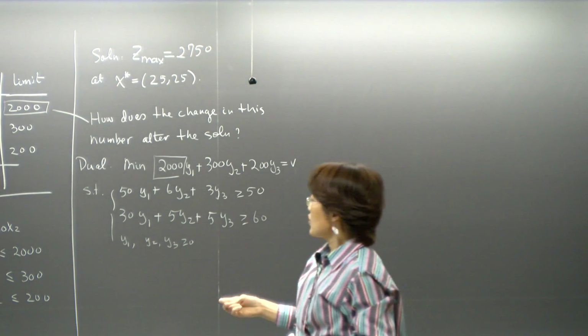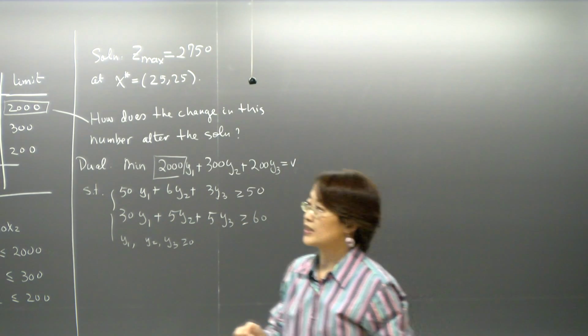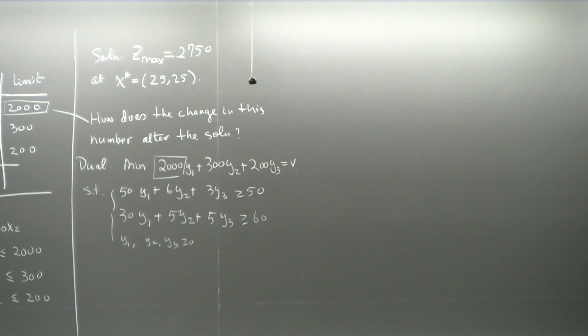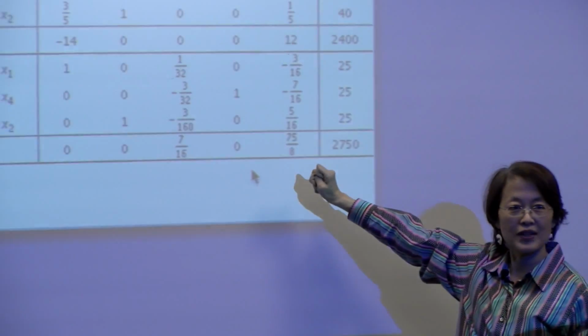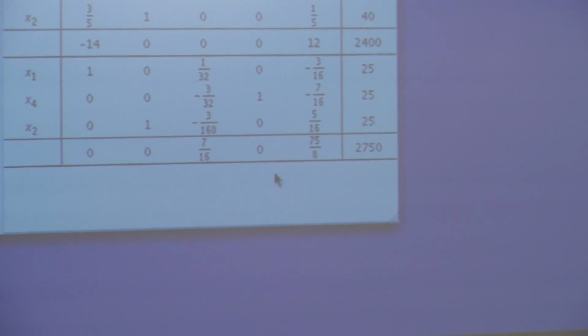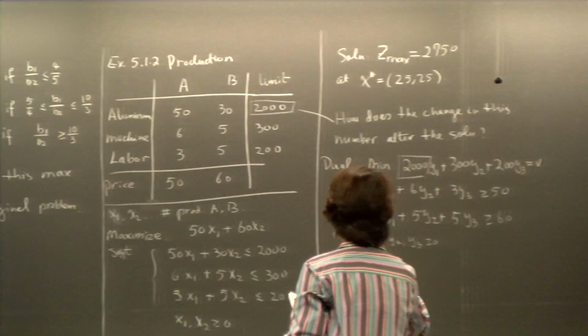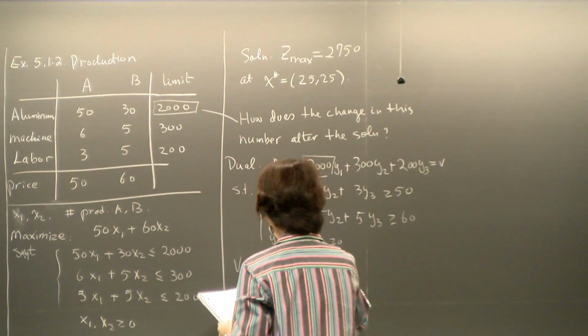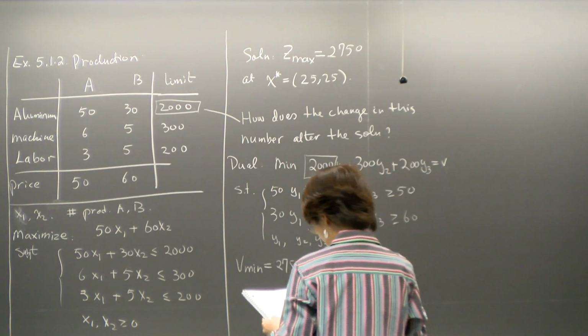Okay. So do we know the solution for this dual problem? Isn't it here in the tableau? The optimal y value will be here. Is that right? Okay, so we actually immediately have the following, that is v min would equal the same if I solve it with this 2000 there, okay?